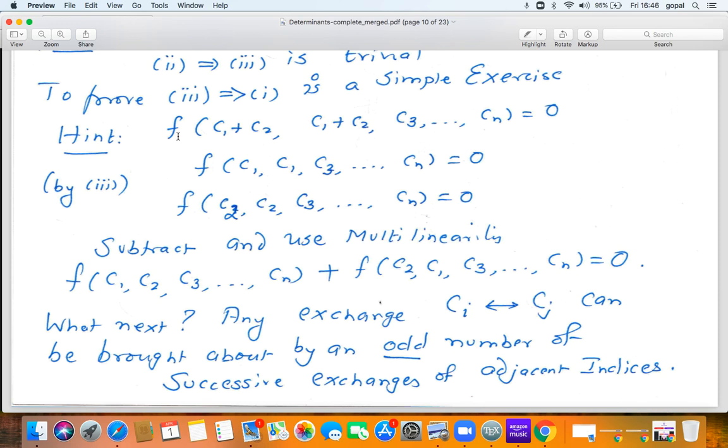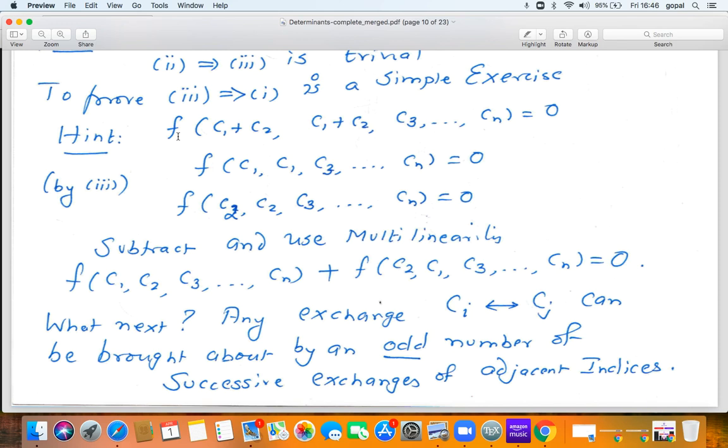So what has happened? 1, 2, 3, 4, 5. I have swapped 2 and 5. So 1, 5, 3, 4, 2. The question is, do you agree with me that the swapping of 2 and 5 can be brought about by a sequence of adjacent swaps? So first I swap 2 and 3. So I get 1, 3, 2, 4, 5. After that I swap 2 and 4.